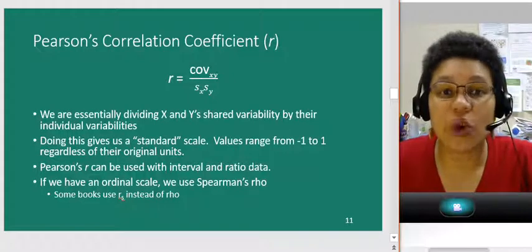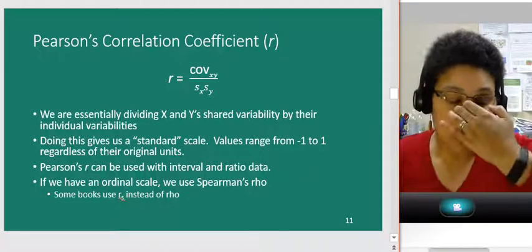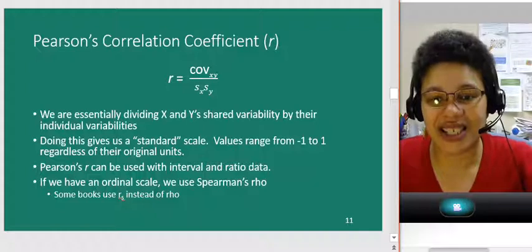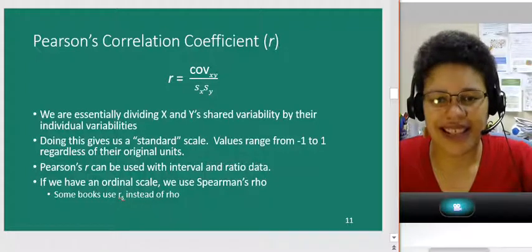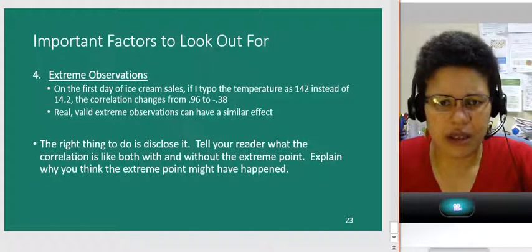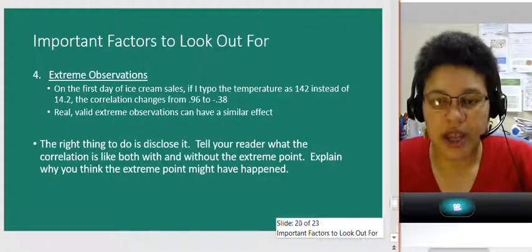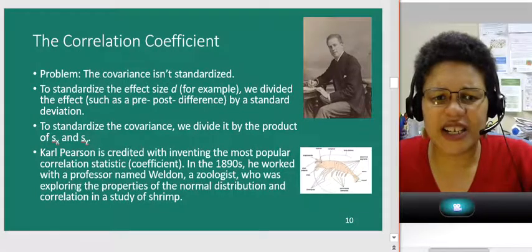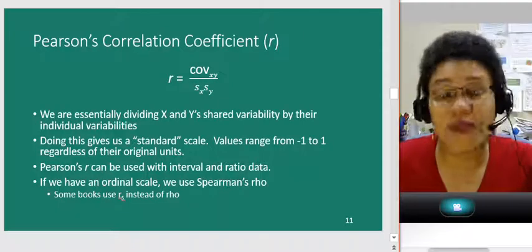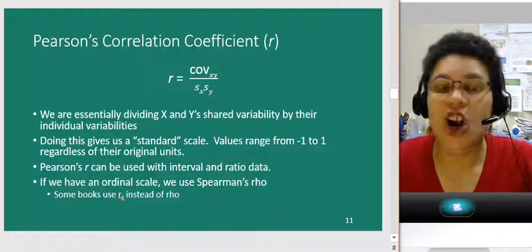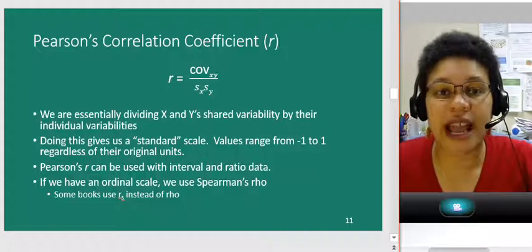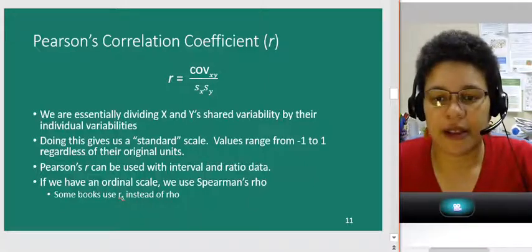If we have an ordinal scale, so categorical ordinal, it's called something different, but the calculation is the same. And there are different names for some same or very similar calculations that are all about correlation, but depend on the type of measurement, the data type.